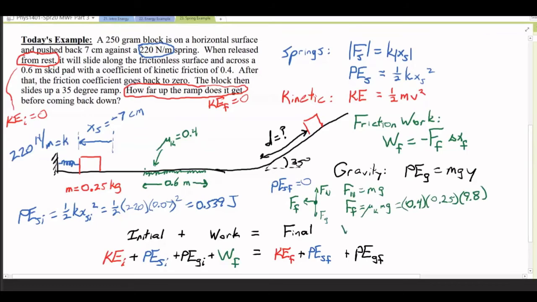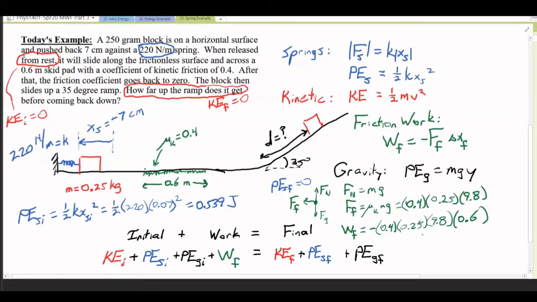And our work due to friction is going to be negative 0.4, 0.25, 9.8, and multiply by distance 0.6, because work is force times distance for a constant force. It works great.